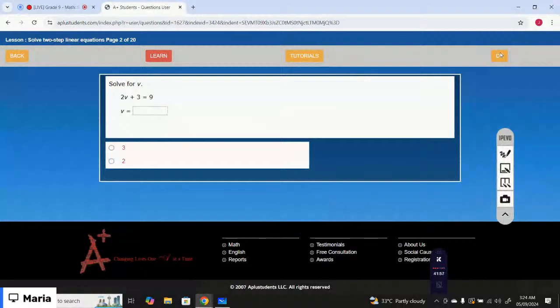So which is the correct option? The correct option is, very good, 3. It is option number 1 that is the correct option.